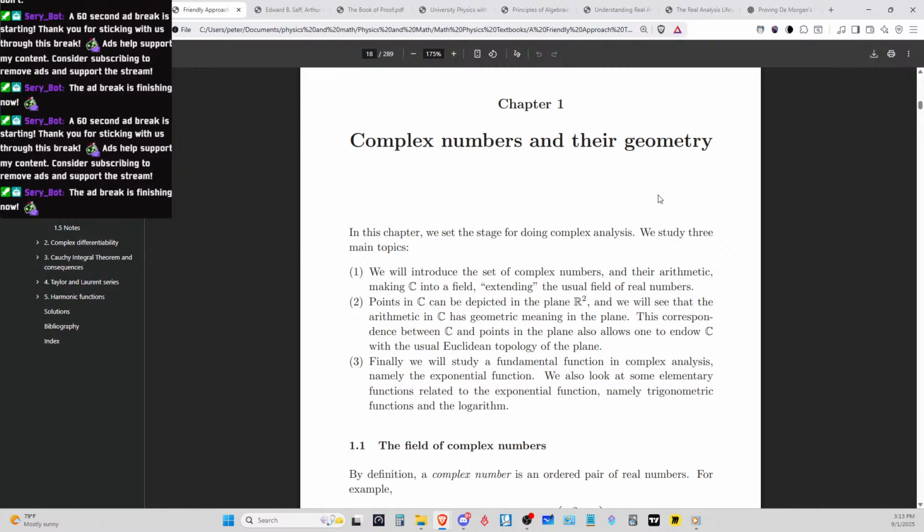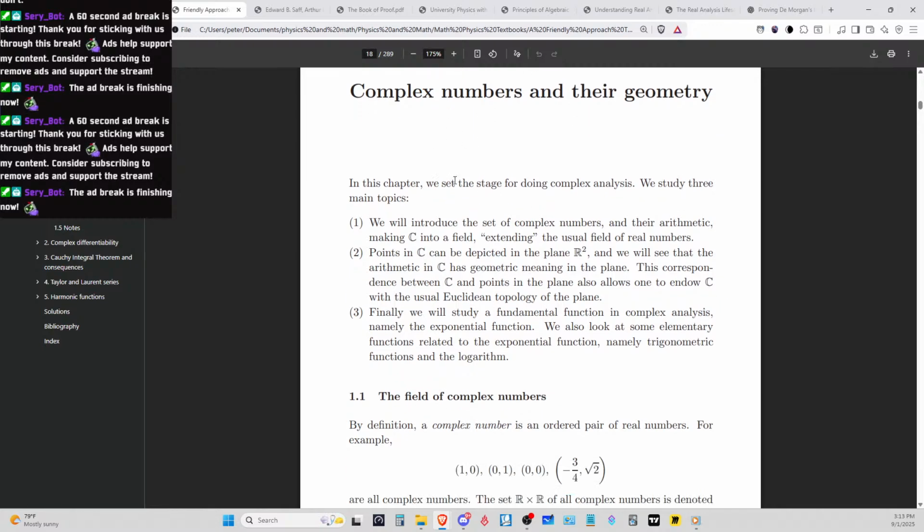Let's see, complex numbers and their geometry. In this chapter, we set the stage for doing complex analysis. We introduce the set of complex numbers with their arithmetic, making C into a field, expanding the usual field of real numbers. Okay. Points in C can be depicted as points in the plane R2.